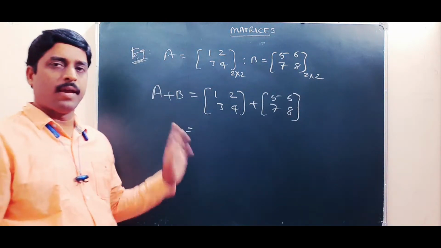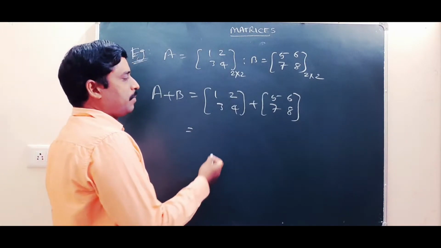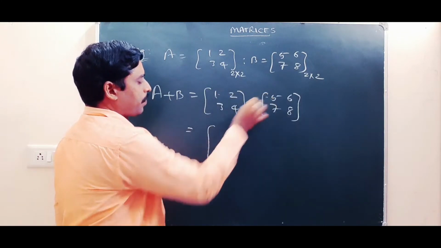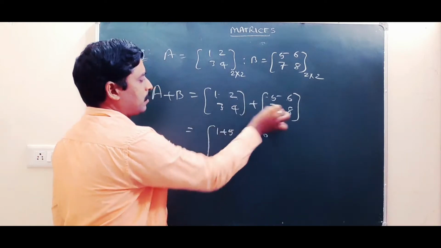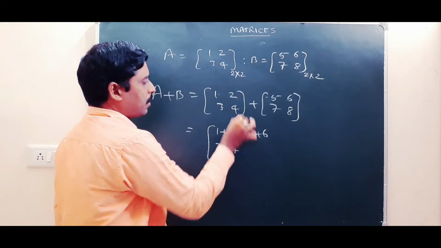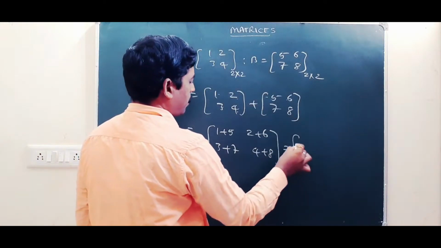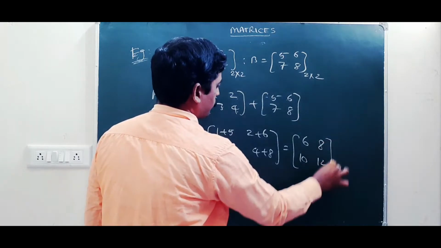Since A and B are of the same type, we add corresponding elements: 1 plus 5, 2 plus 6, 3 plus 7 and 4 plus 8. This is called addition of A and B: 6, 8, 10, 12.